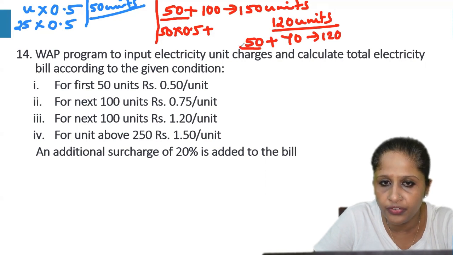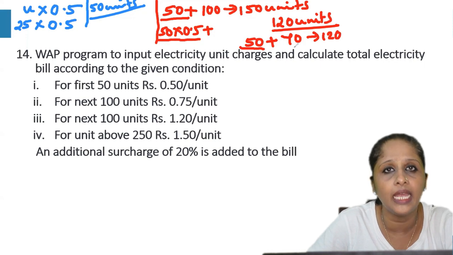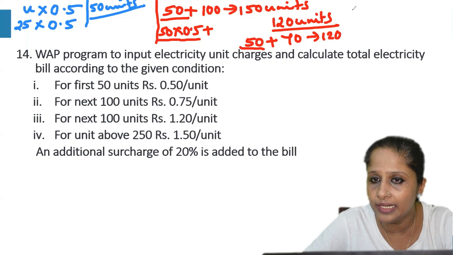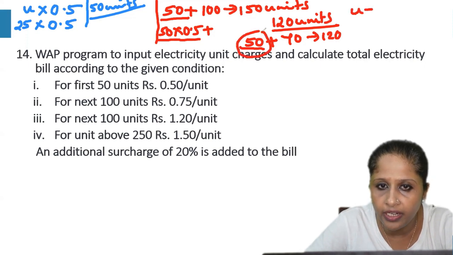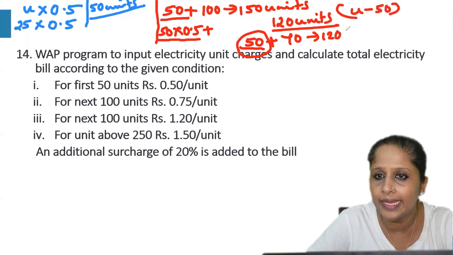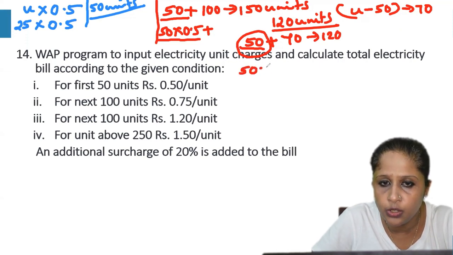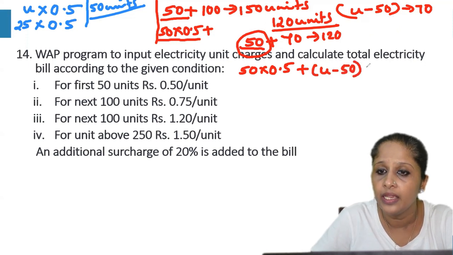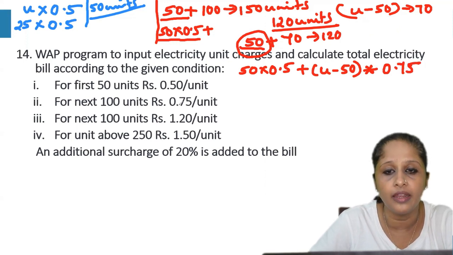First 50 into 0.5. After that, how can we calculate the remaining 70? This 120 is our unit, right? So unit minus 50 gives the remaining 70, isn't it? So what is the equation here? 50 into 0.5 plus the remaining, u minus 50, into 0.75. So this is for the next 100 units.